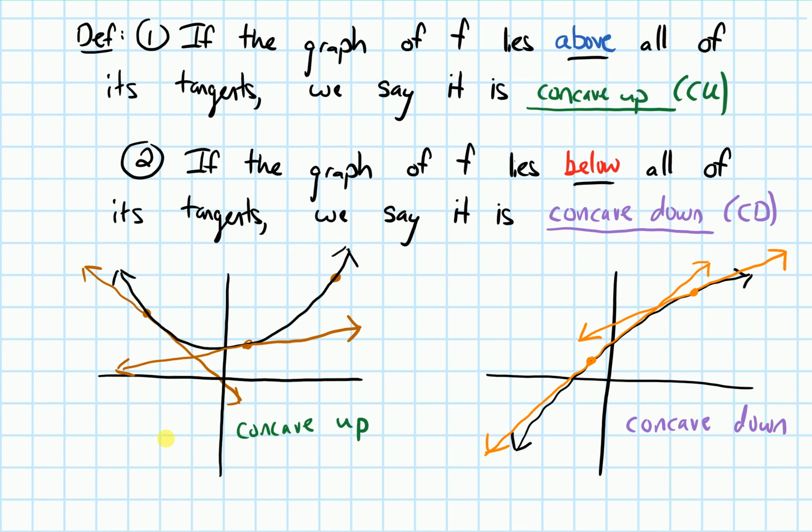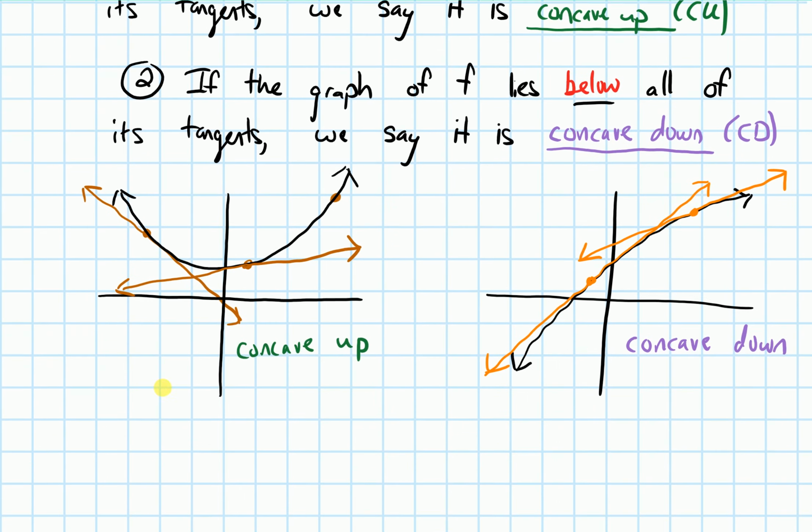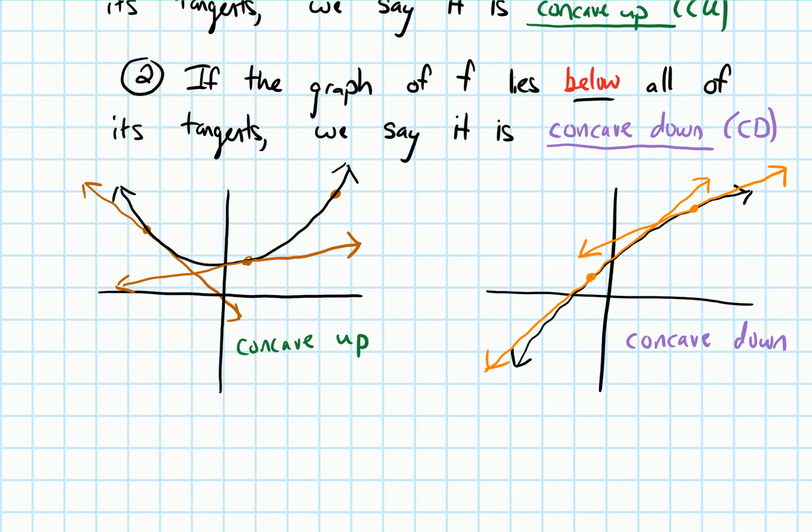All right, so now I want to give a memory trick to help us quickly remember what a concave up and a concave down function look like. So memory trick. The thing to remember is that for a concave up function, the graph has an upwards U shape.